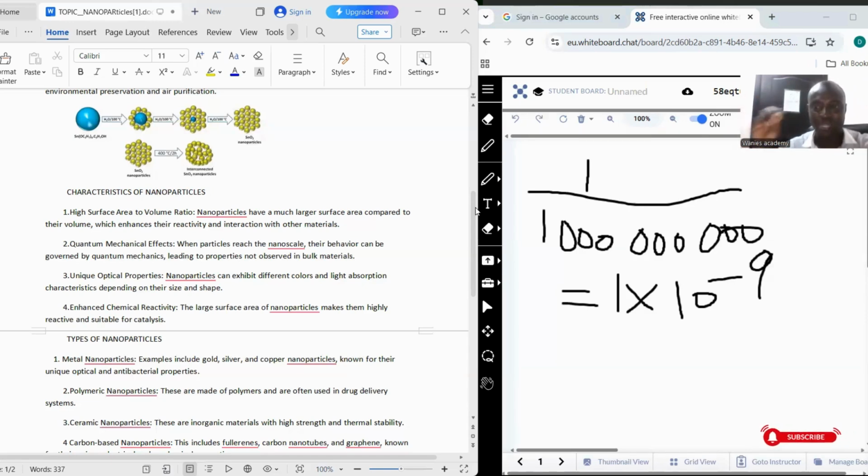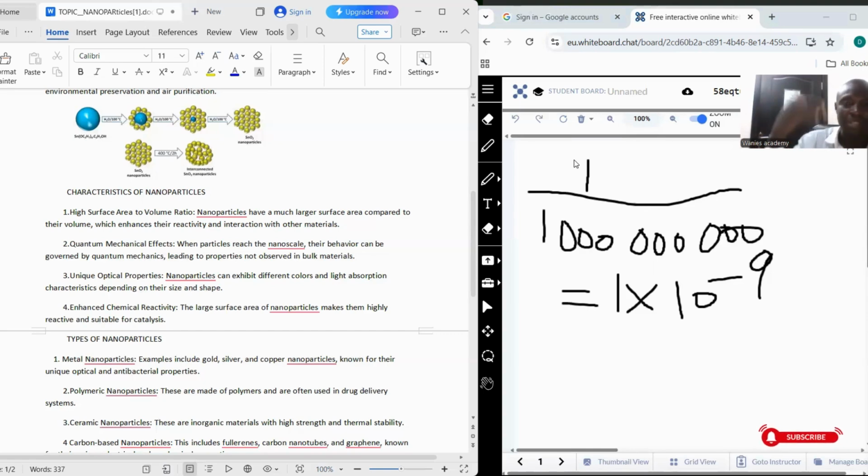So they tend to give off different light shades and color absorption abilities, mostly because they have different sizes and shapes. So they have unique optical properties or characteristics.